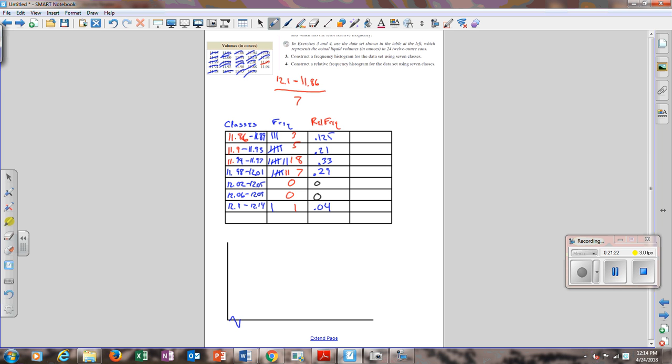It just means there's a little space. 11.86, 11.9, 11.94, 11.98, 12.02, 12.06, and the last one's 12.1.